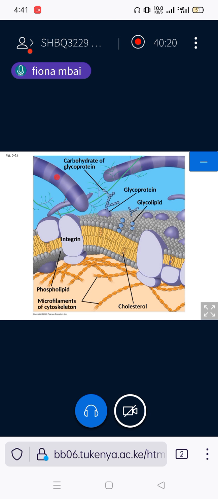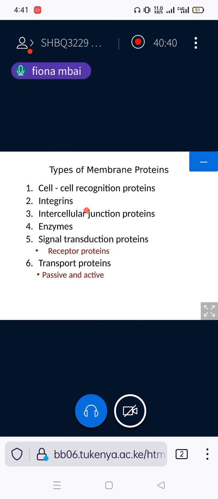So this is a contiguous system connecting the outside of the cell and the inside of the cell through the structural components of the membrane, as well as the structures found in the cell, and also the structures found in the extracellular side of the cell.